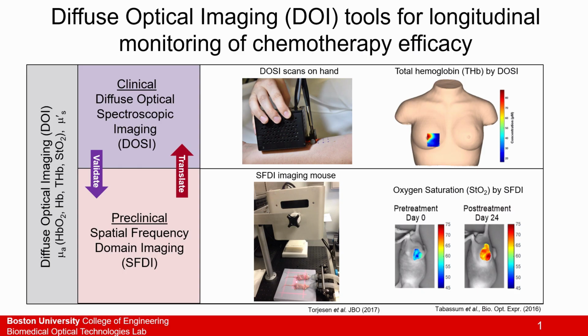SFDI is a diffuse optical imaging tool which is suitable for preclinical imaging, and it provides similar optical information at a shallower depth. Here you can see SFDI measuring a mouse, and here SFDI is showing oxygen saturation in a mouse tumor, which increases significantly after treatment. And there is always this advantage of translating the preclinical findings to the clinic for a better clinical outcome.